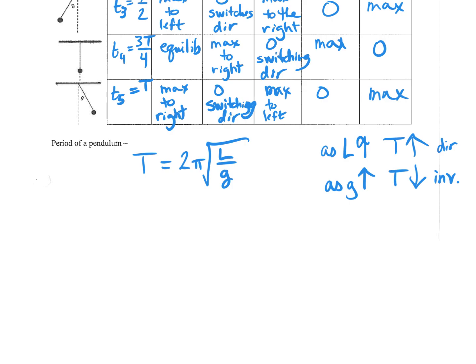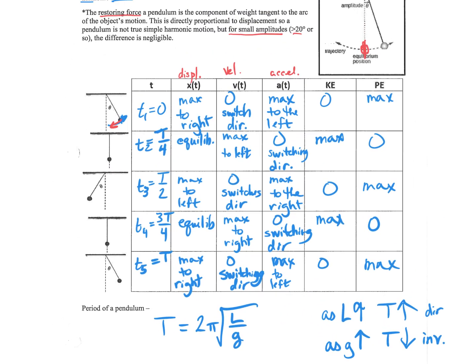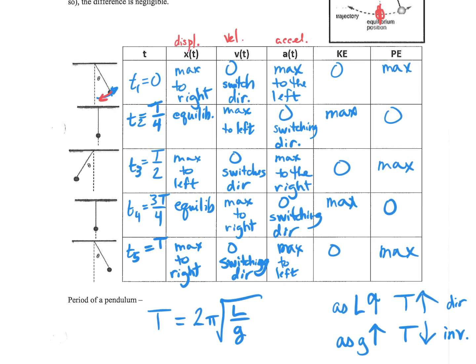All right, so let's look. And guys, you need to understand this chart right here. You need to be able to think about what this chart is. You need to know the places on this chart where kinetic energy is 0, where gravitational energy is 0, where the velocity is 0, where the acceleration is 0.